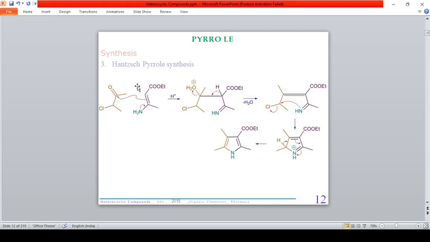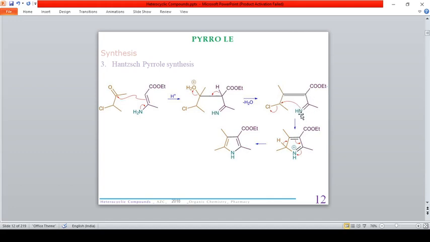Again, here a proton is present. That proton will facilitate, and a water molecule will be released from here, and we'll have a double bond here. So from the color, you can clearly see this structure is from alpha haloketone, and this structure is from ketoester. So here we got a double bond.